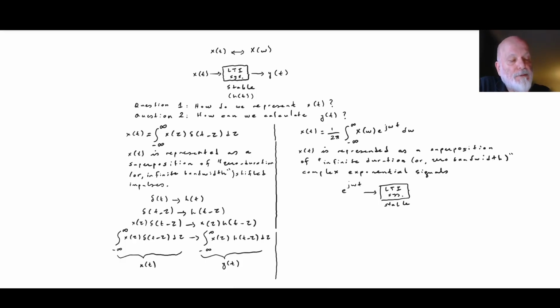And here the output is h of omega e to j omega t. This is the result known as the fact that e to j omega t is an eigenfunction of stable LTI systems.